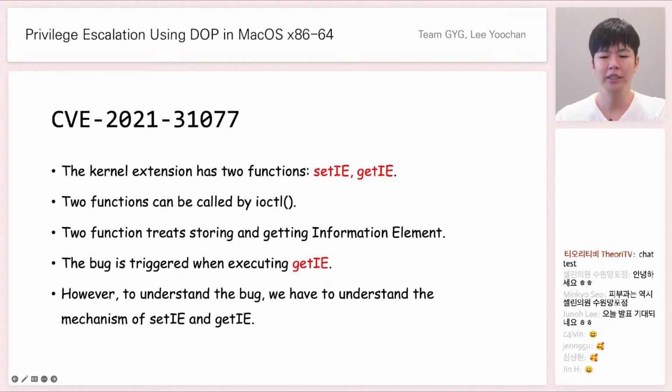The vulnerabilities in this presentation are caused by the setIE and getIE functions. These two functions can be called by using IO control functions. The setIE function is responsible for storing the information element on the heap, and the getIE function is responsible for fetching the stored information element to the user, and the bug is triggered when executing the getIE function.